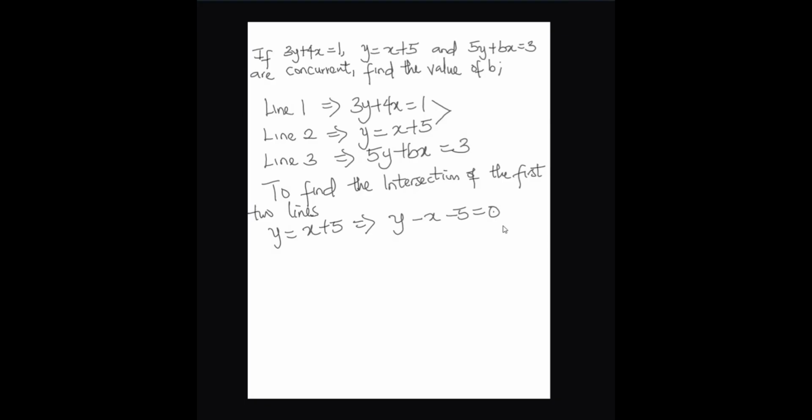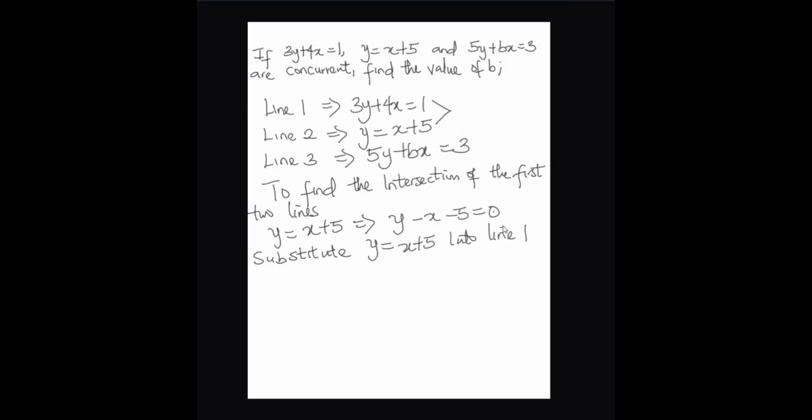Then we substitute y = x + 5 into our line 1.